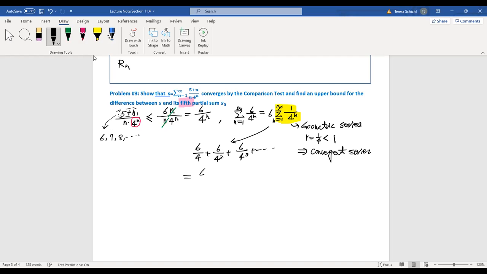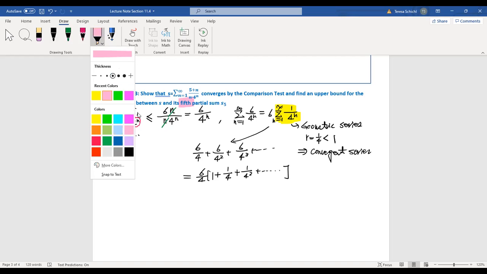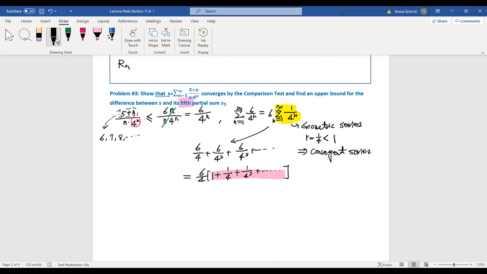Remember here we said we want to factor the 6/4 out. So this will be 1 plus 1/4 plus 1/4 squared. Now this one here, by using the geometric series formula, is equal to 1 over 1 minus r, right?